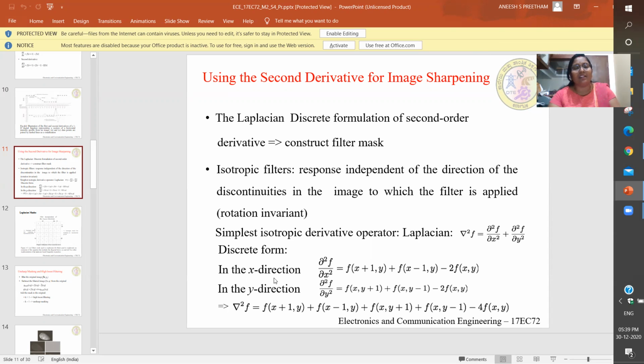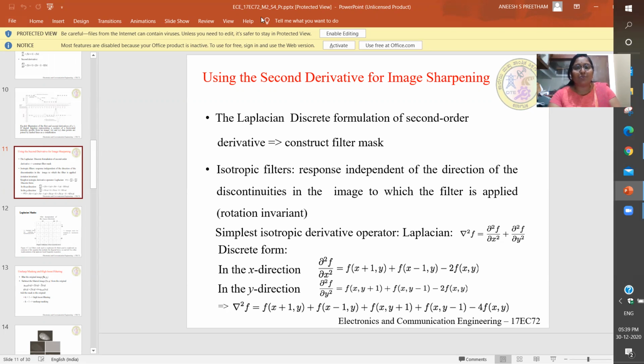In discrete form, in the x direction, the formula is del square f divided by del x square is equal to f of x plus 1 comma y plus f of x minus 1 comma y minus 2 f of x comma y. In the y direction, this is given by del square f divided by del y square is equal to f of x comma y plus 1 plus f of x comma y minus 1 minus 2 f of x comma y.